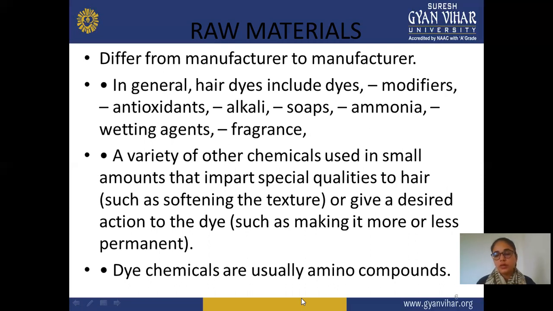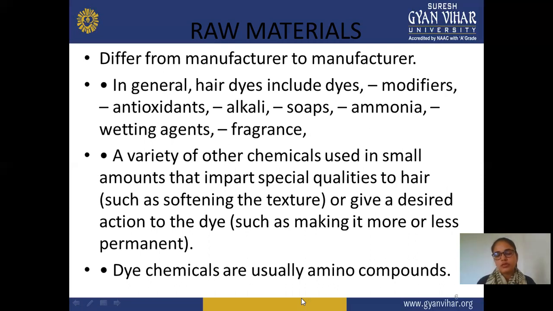Other than this, there are some other excipients you can use, which impart some property to your dyes. Some chemicals are used in small amounts to improve the quality of hair dye, such as softening and texturing agents, because when you apply dye to your hair, there may be chances that your hair gets dry or the texture of your hair changes.